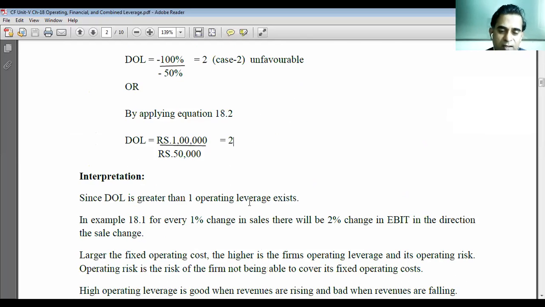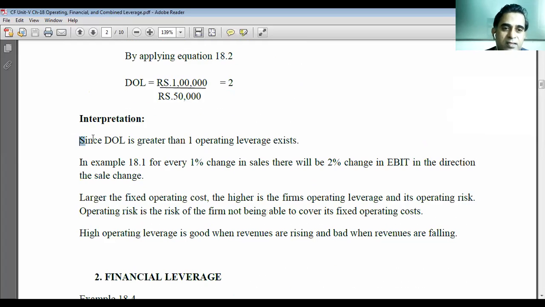Now at the PG level, let us analyze and understand. Let's not blindly write the answer and forget it without knowing what it means. If I say degree of operating leverage is 2, what does it mean? Pay attention everyone. Since degree of operating leverage is greater than 1, operating leverage exists. If your answer is less than 1, including 0.9, remember you cannot round it off to the next digit, only in this case.